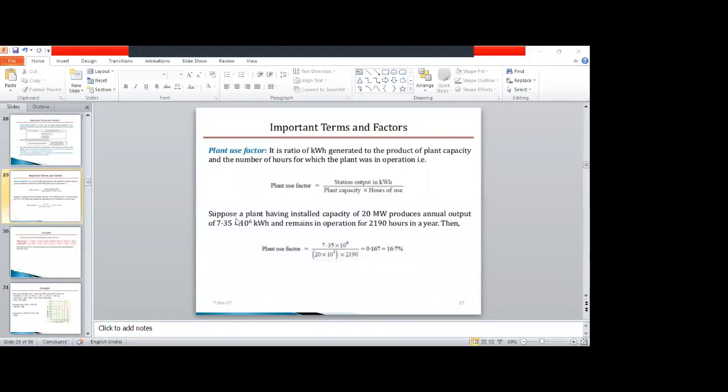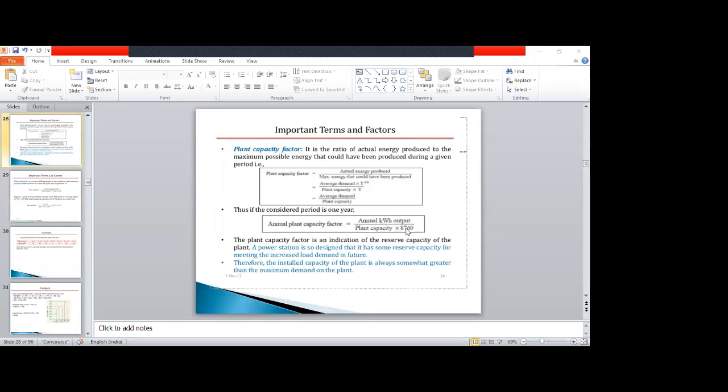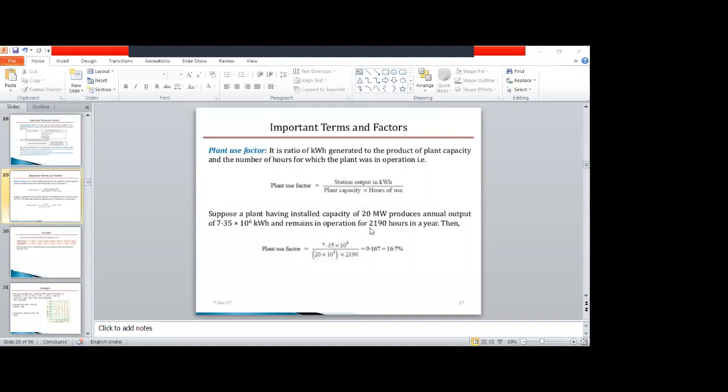To understand this, suppose you have a plant having installed capacity of 20 megawatts, producing annual output of 7.35 into 10 to the power 6 kilowatt hour, but it remains in operation for 2190 hours instead of 8760, that is 365 into 24, but it is operating only for 2190 hours.